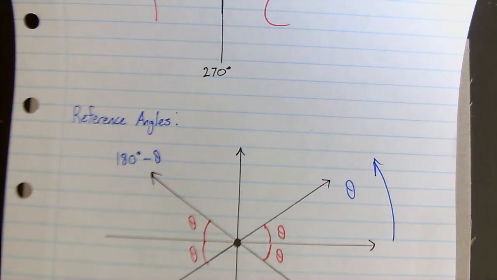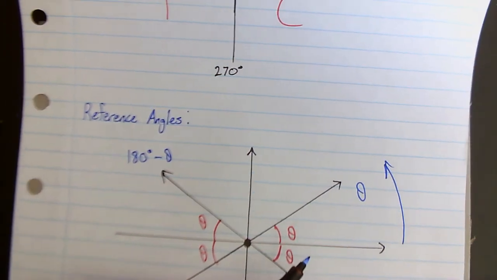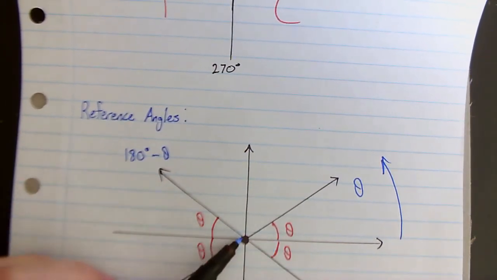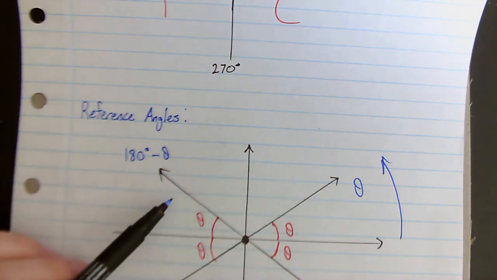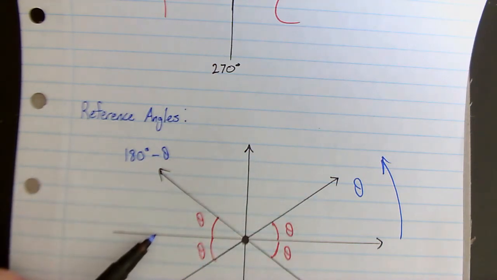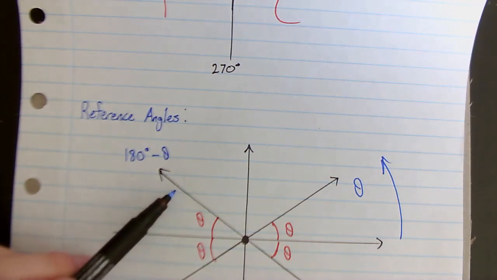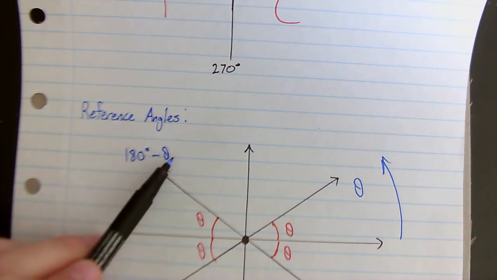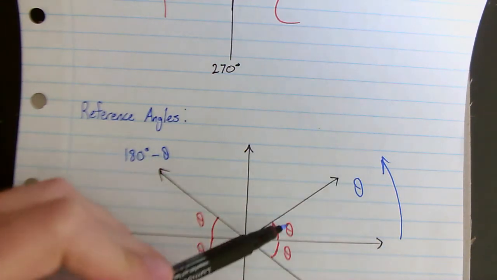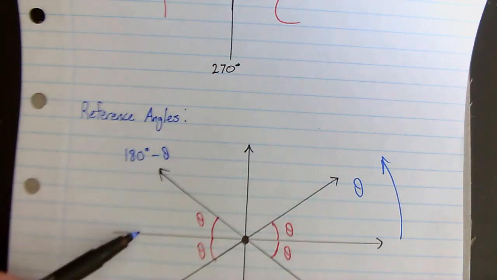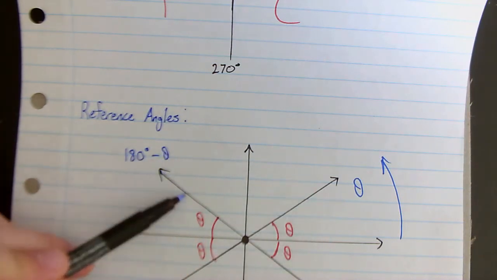So this line is going to be 180 degrees, to go all the way to the other end of the x-axis, and we're subtracting theta, because when we go into negative angles, instead of counterclockwise, we go clockwise. So it's 180 degrees minus theta, and that gets us here.